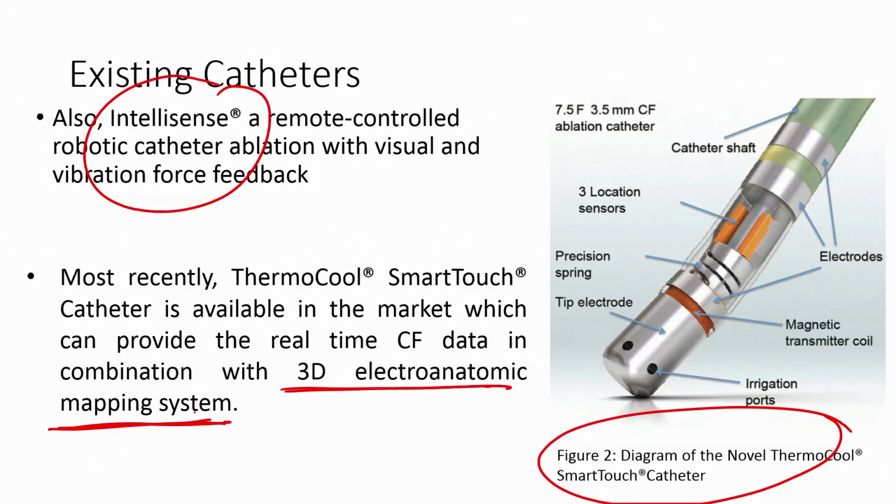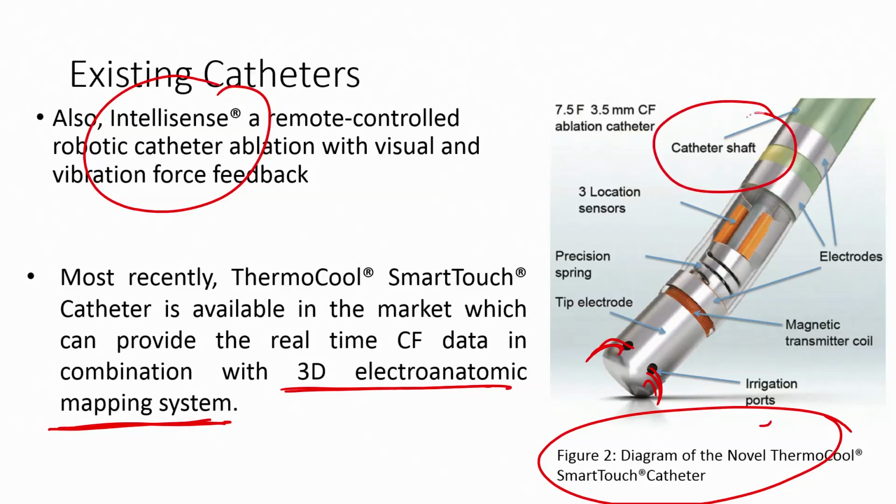So, it can not only perform the ablation, but it can also map electrical signals, 2 in 1. There are of course irrigation pods for saline to come out, right. There are tip electrodes for applying the RF frequency. There are sensors inside the catheter.